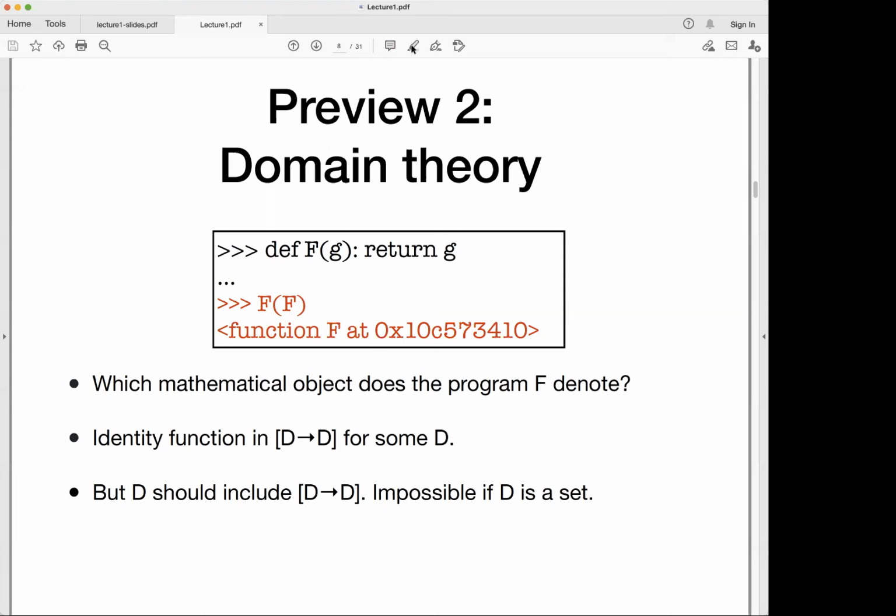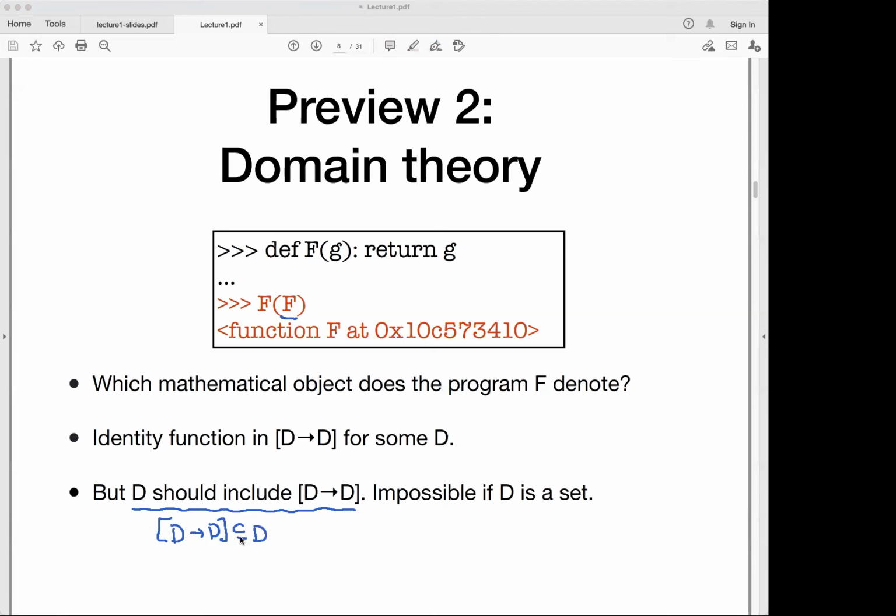Okay, so you can see that, because we are passing this argument F as an argument, it means that the space where capital F lives should be included as the input domain of capital F. So we should have this type of property, input function space D arrow D.